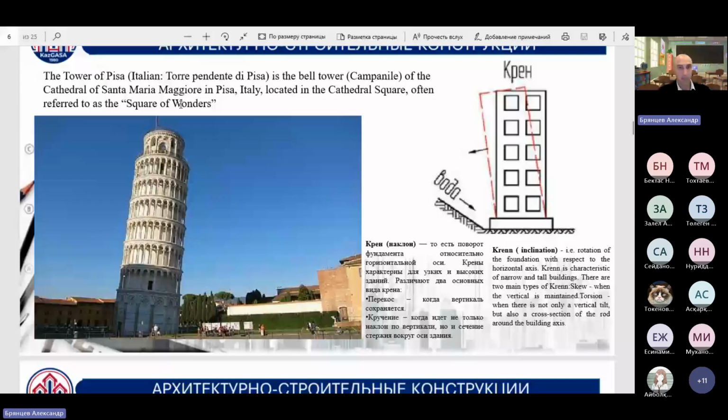The tilt or crane is the hardest type of deformation that may result in an emergency state of the building. For this reason, designers and architects must provide engineering solutions to eliminate this occurrence.